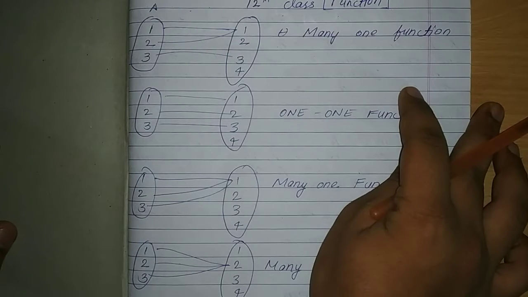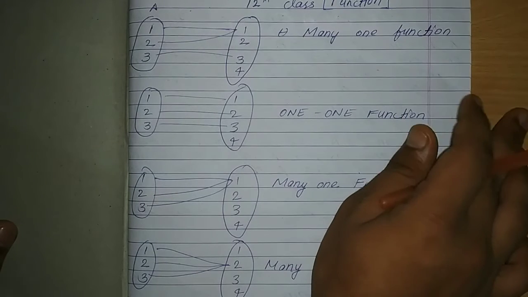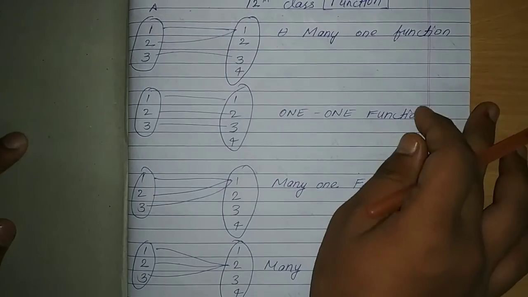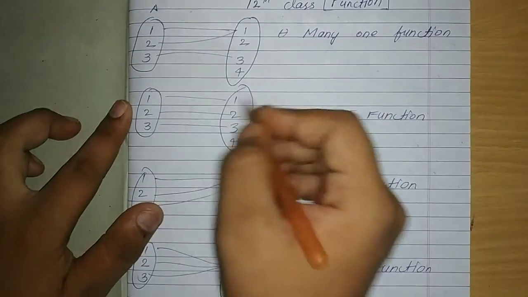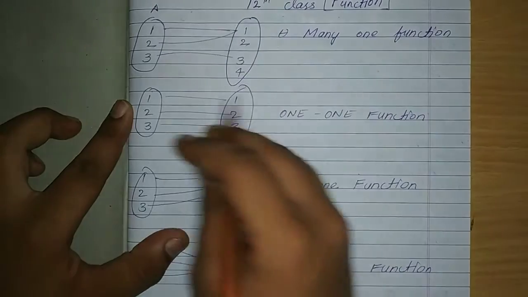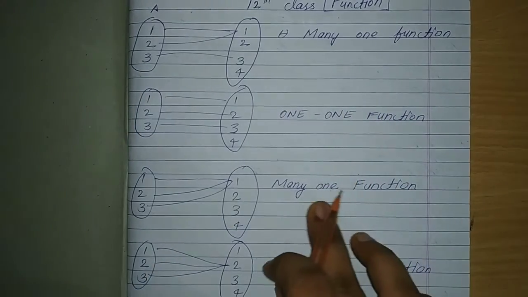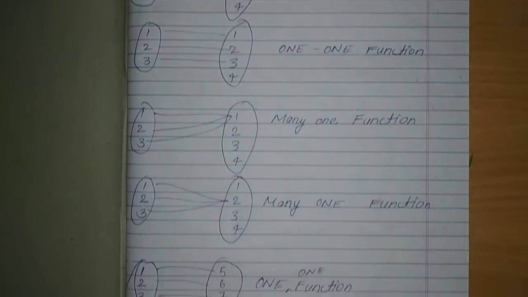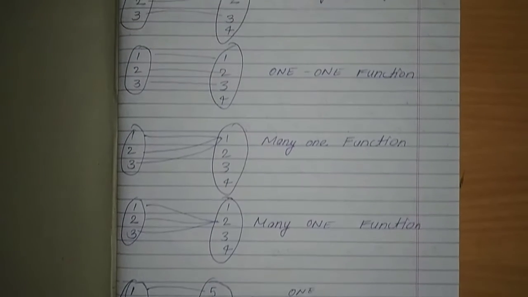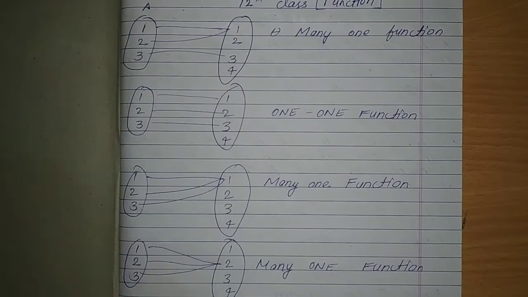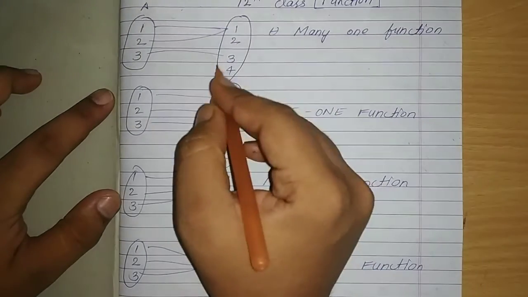There are four types of function. Okay guys, so let's begin. By seeing these examples, are you able to differentiate why somewhere it is written many-one function and somewhere it is written one-one function? Can anyone tell me? No, I don't think so, or somebody may have already thought about that, but no problem, I will explain each and everything.